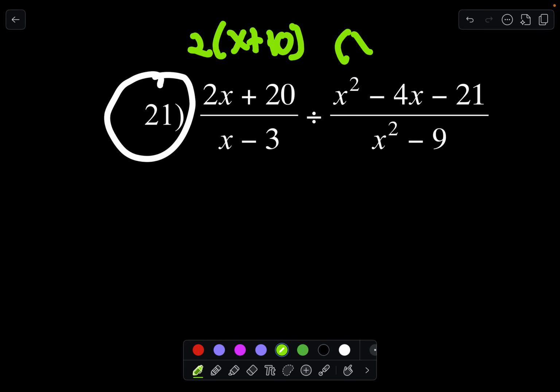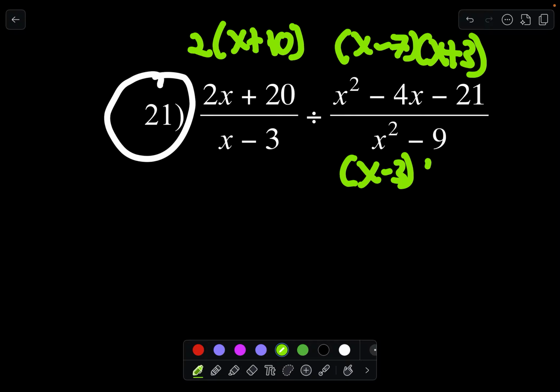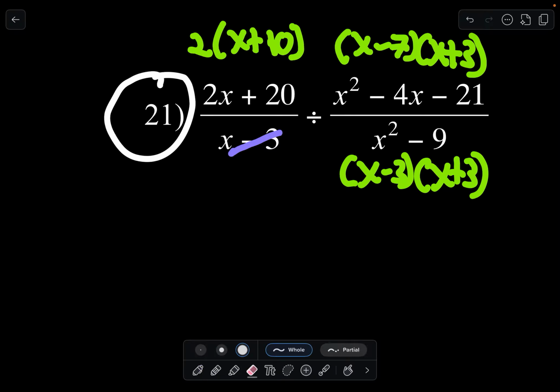This one is x minus 7, x plus 3. And this one down here is x minus 3, x plus 3. Oh, you know what? Before I do that, this is division. Flip, right, multiply. So let me write down the factored form here.